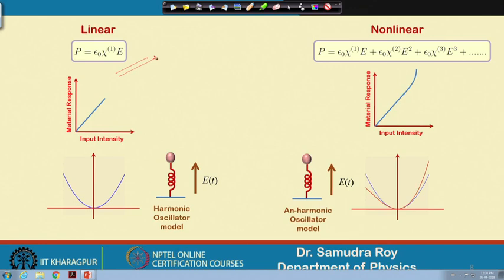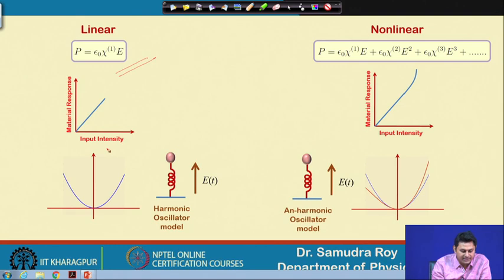If the polarization is proportional to the electric field, then if I increase the input intensity, the material response also increases, and this response is linear in nature. So there is no nonlinearity, and everything is a linear curve for the material response.